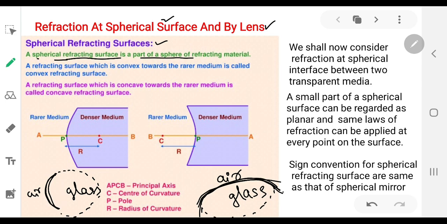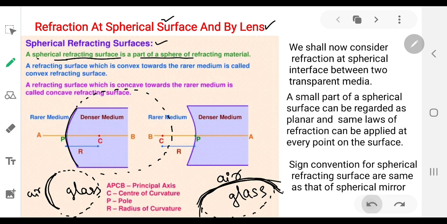So why do we call them spherical refracting surfaces? If you take the curvedness of the refracting surface and go on completing it, you are going to get a sphere.